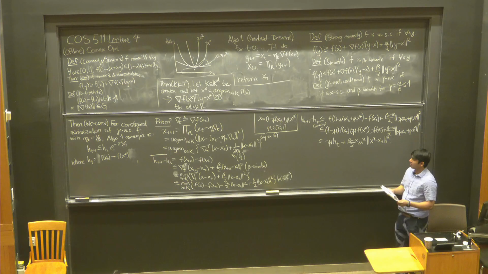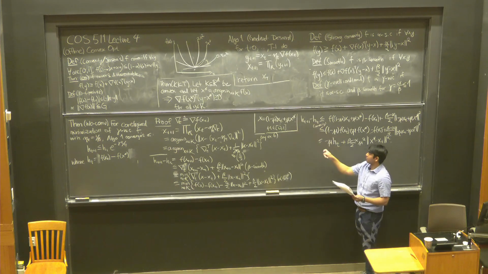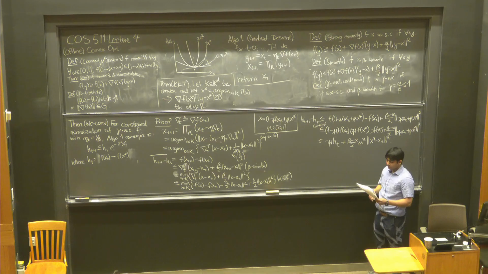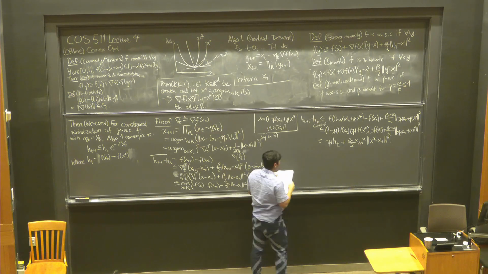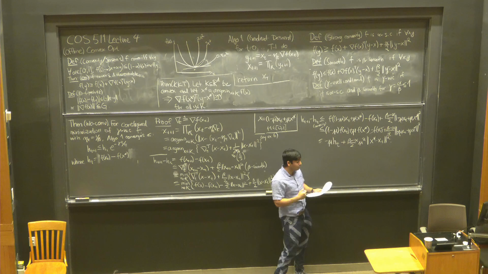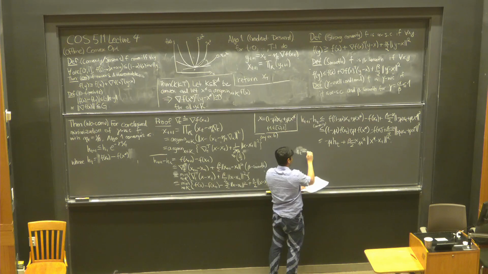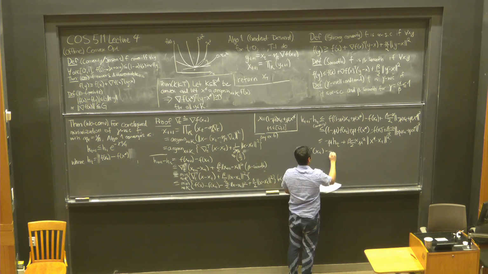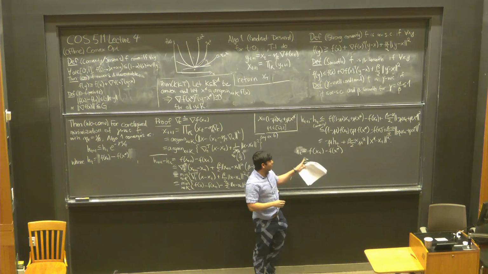Cool. Okay, we're almost done, I promise. So now we have the difference in terms of the previous. We can do one more thing. We can get rid of this term. And to get rid of this term, we're going to use strong convexity once again. So h of t is just the difference, right?